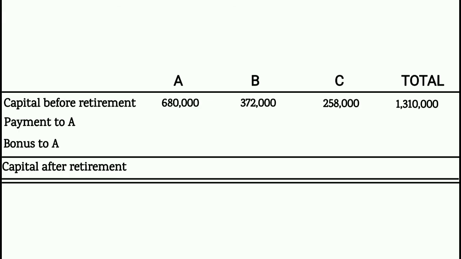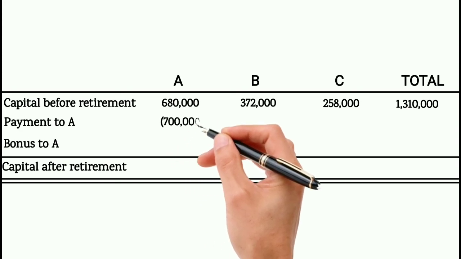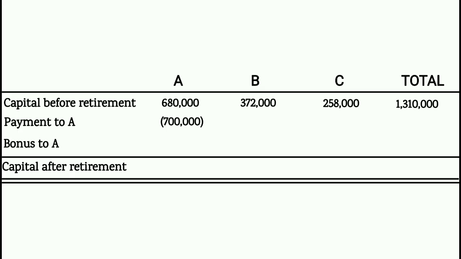Now, since the partnership pays partner A 700,000 pesos for his interest, i-deduct natin yung 700,000 pesos sa capital ni A. And of course, i-deduct din natin yung 700,000 pesos sa total partnership capital.